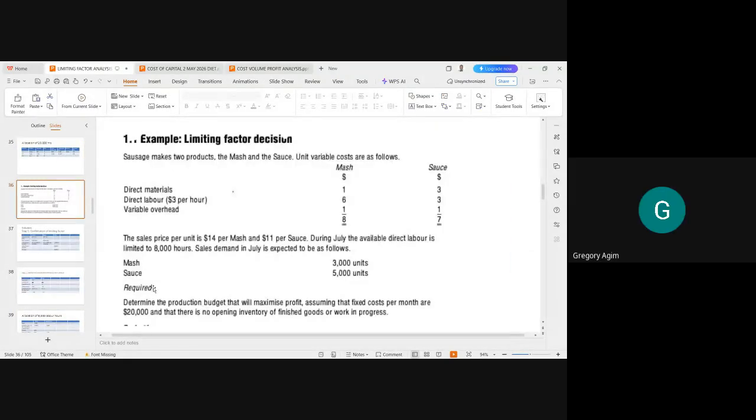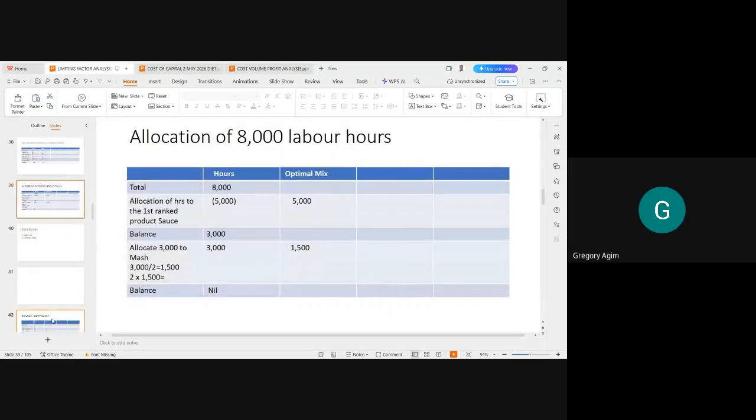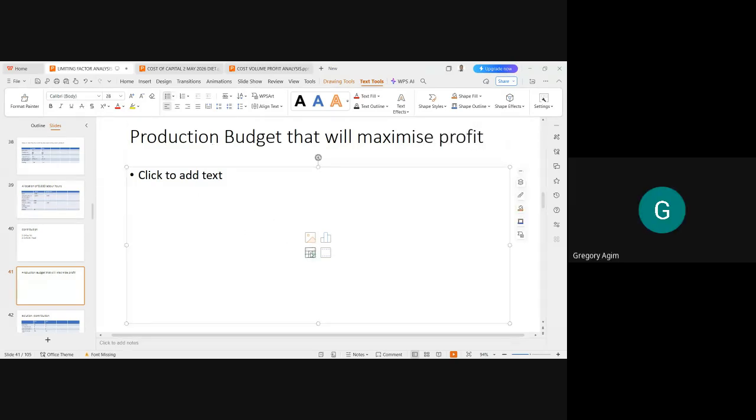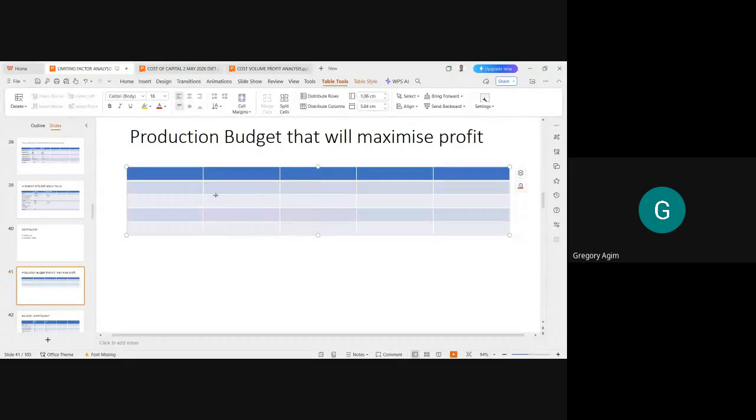Production budget that will maximize profits. So we have it this way.